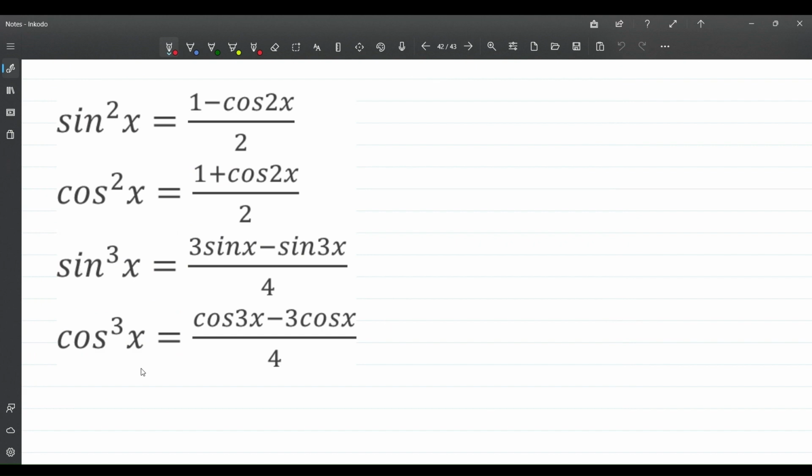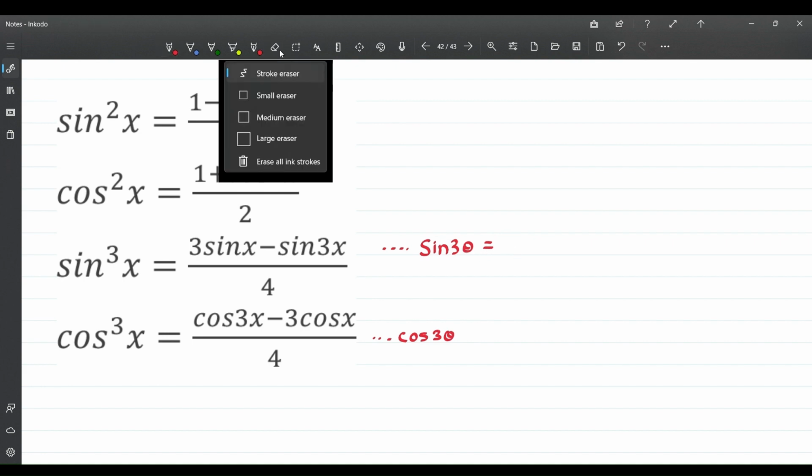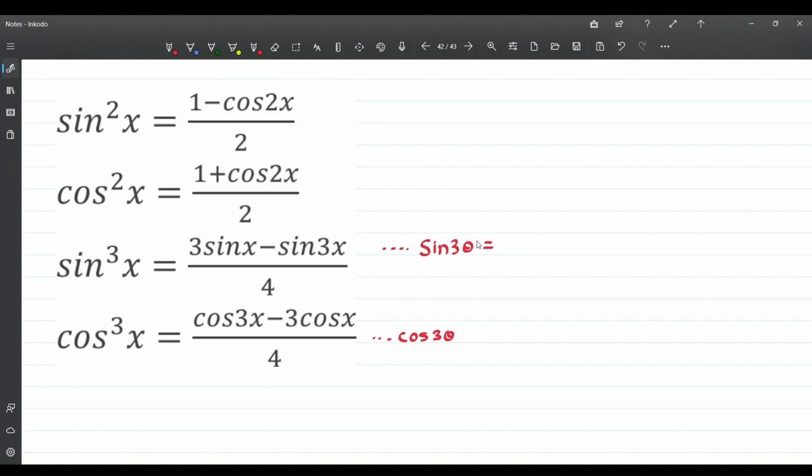And the sine cube x and cos cube x formulas are derived from sine 3 theta and cos 3 theta. Okay, so I will show you. Sine 3 theta is, sorry, we'll take x. Sine 3x and cos 3x. We know the formula for sin 3x is 3 sin x minus 4 sin cube x.